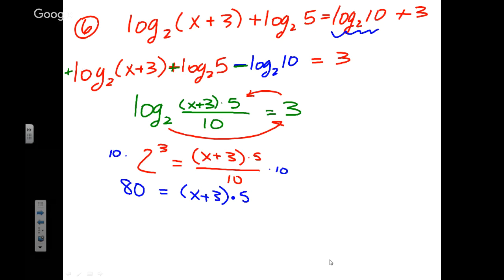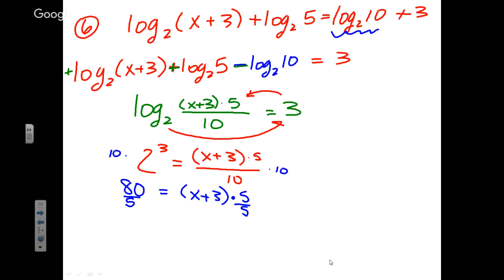And then to get rid of that 5, if you're being multiplied by 5, I personally wouldn't distribute it. It wouldn't be wrong to. I would divide by 5. Just a different way. Okay.